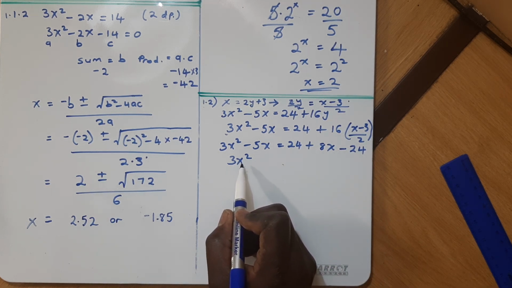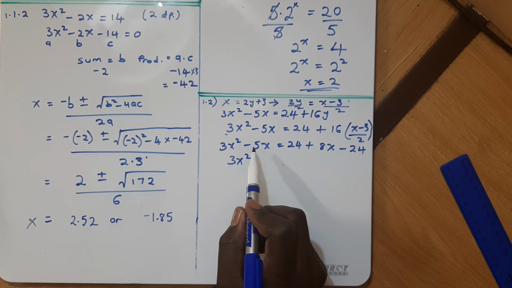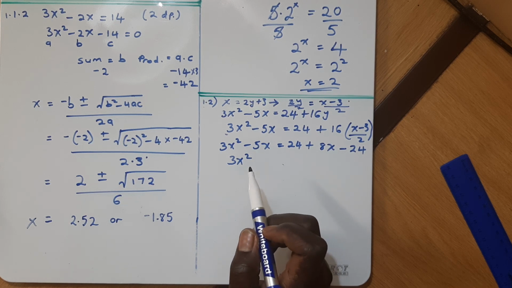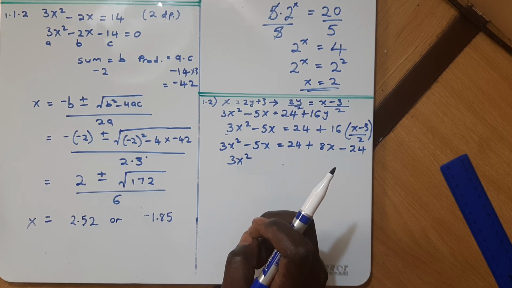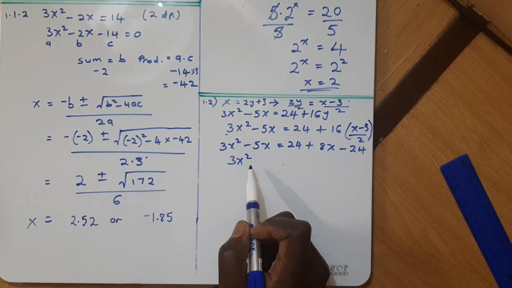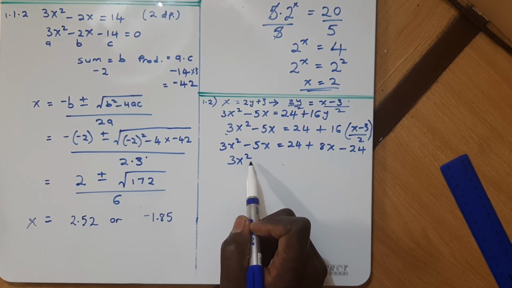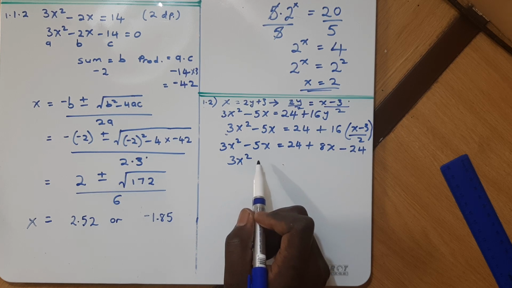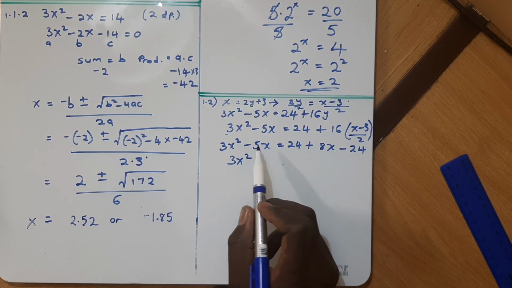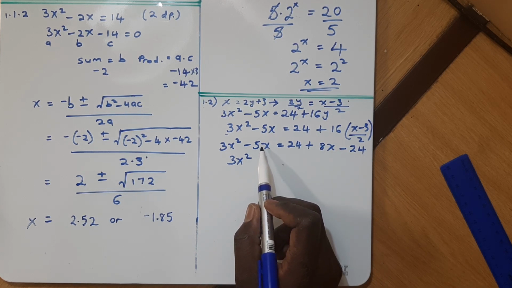our 3x squared, our minus 5x and 8. 8 will come and cross the equal sign.